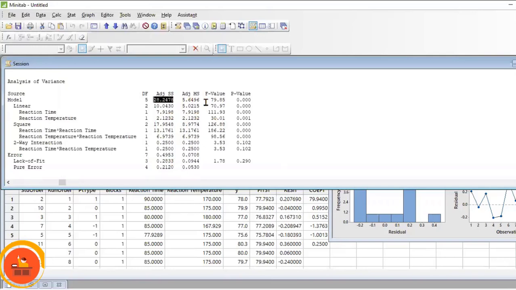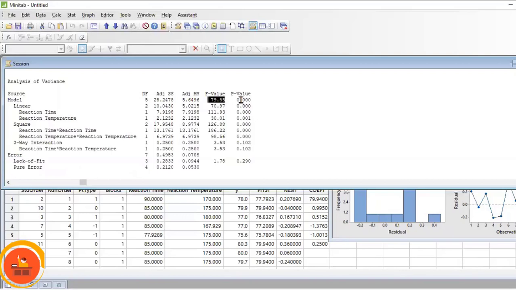So this divided by the degrees of freedom will give the adjusted mean square, and adjusted mean square divided by the error mean square will give this f value. Now f value we have to look at in the statistical table and estimate the degrees of freedom, then we will get the p value.